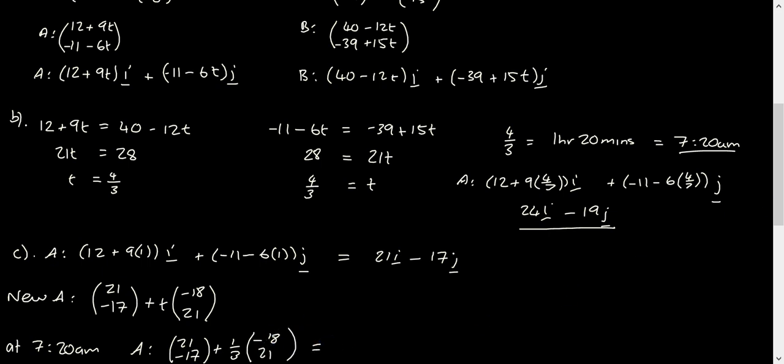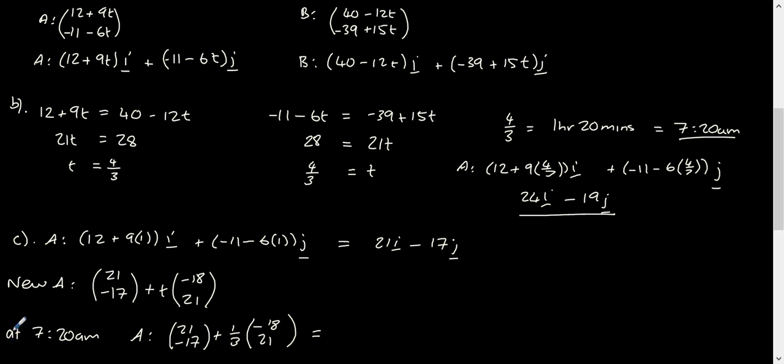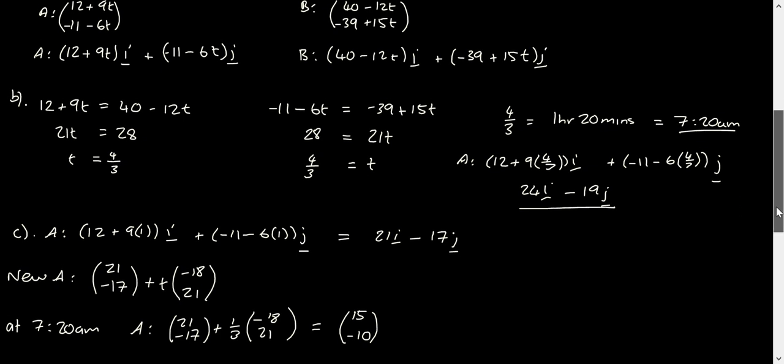Now, the reason it's 1/3 is because this equation, 21i minus 17j plus t lots of minus 18i plus 21j, that's its position at 7 a.m. At 7:20, it's 1/3 of an hour forward on its new velocity. So A then is going to be at 21 plus 1/3 of minus 18, which is 21 minus 6, which is 15, and minus 17 plus 1/3 of 21, which is minus 17 plus 7, which is minus 10. And so that's where A is.